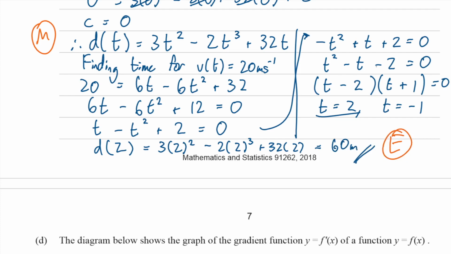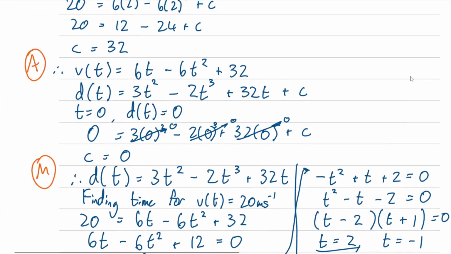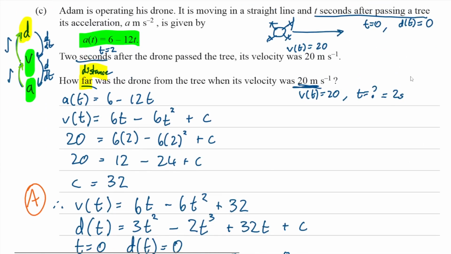So, let's recap that question. Good old Adam, flying a drone. We were given the acceleration equation, which we then anti-differentiated once to get the speed equation, making sure to solve for c. We anti-differentiated a second time to get the distance equation, again solving for c. However, it was implied that distance was 0 at time equals 0.